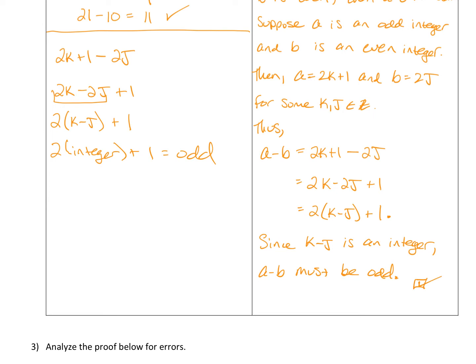So I just want you to see the vast difference between the scratch work and the formal proof. The scratch work is just to convince yourself how you're going to prove it. You have a lot of the formalities in your head when you write this down. Like, you know k and j are integers, but a reader would not. You have to define k and j as elements of the integers.